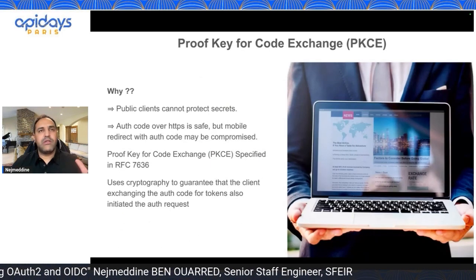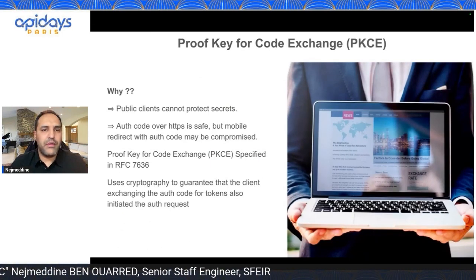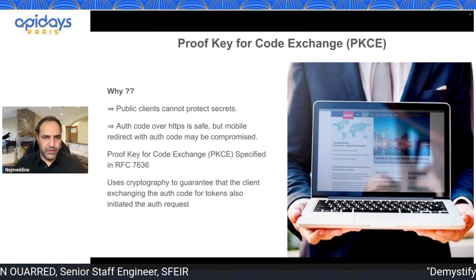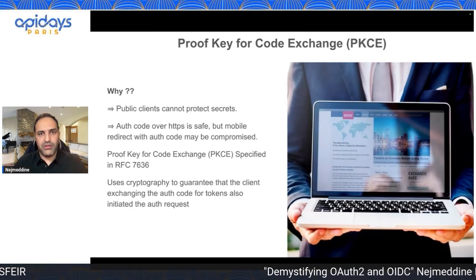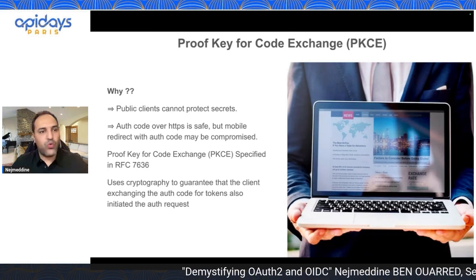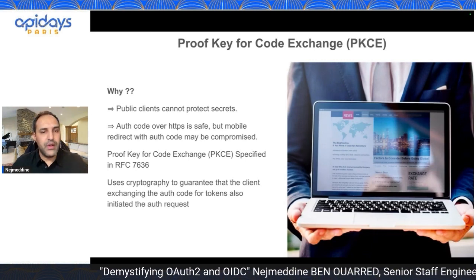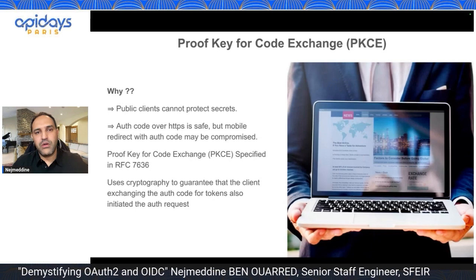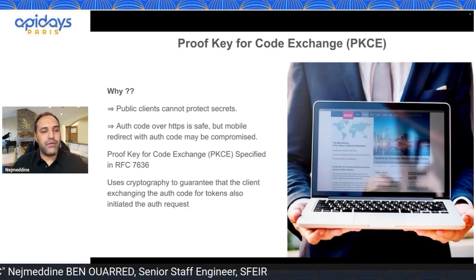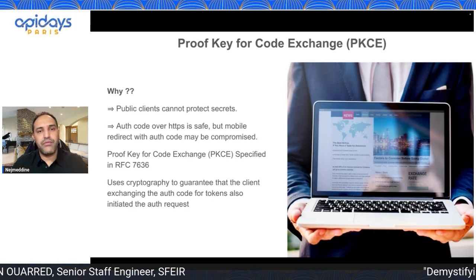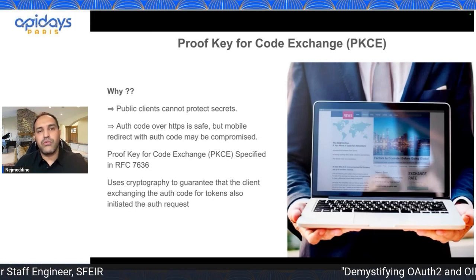Now, as I told you before, there is also the Proof Key for Code Exchange, PKCE, that was introduced, and we can ask why this new grant type was introduced, which is not part of the first version of the OAuth 2 protocol.